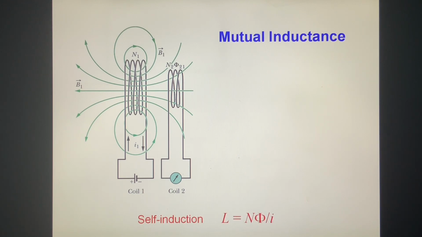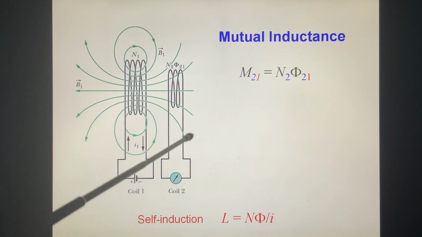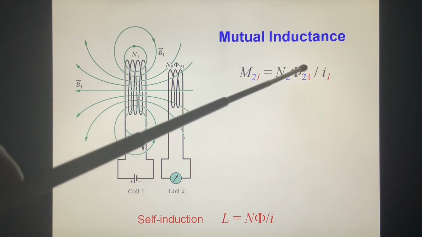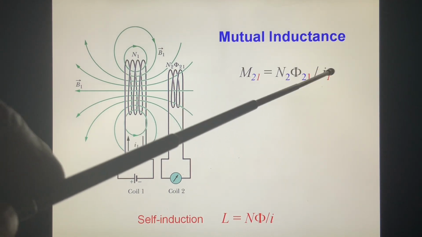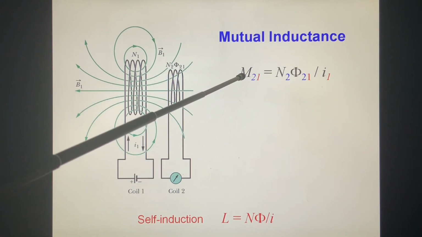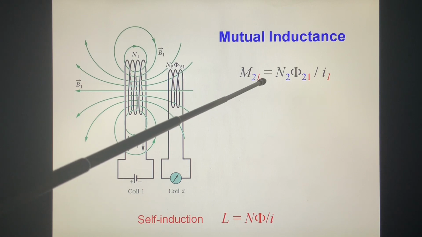Self-inductance L is defined as N phi over I. In mutual inductance, we have a similar definition: M21 equals N2 phi21 over I1. M21 is mutual inductance 2 because it is caused by 1.